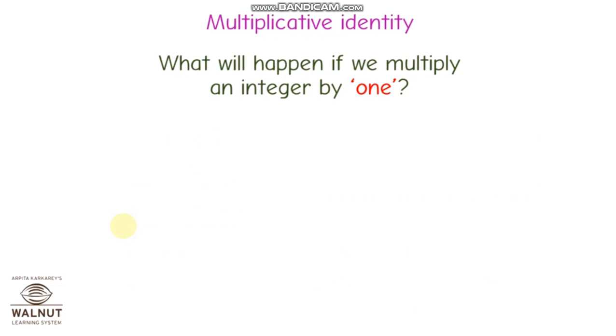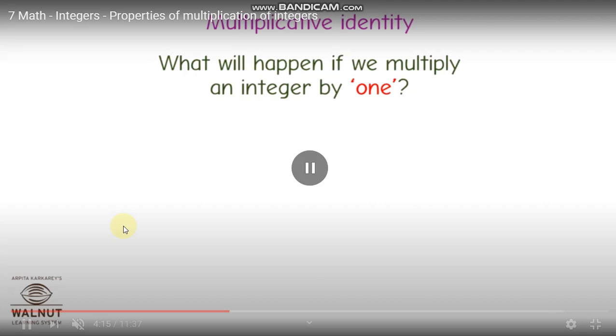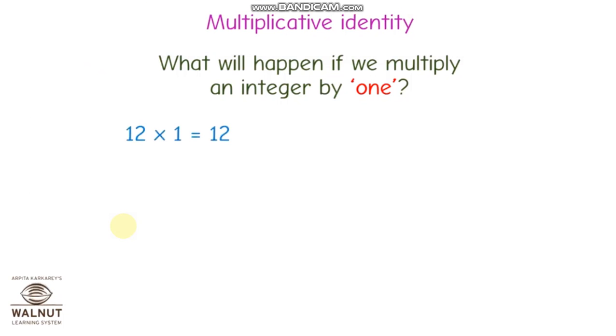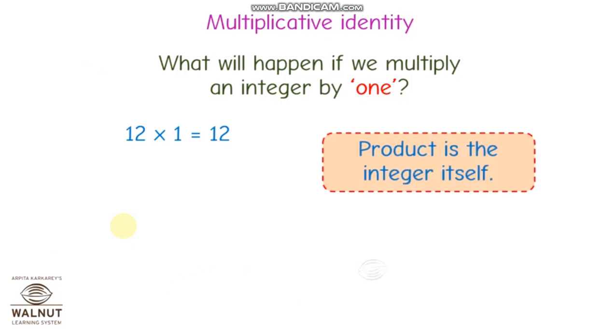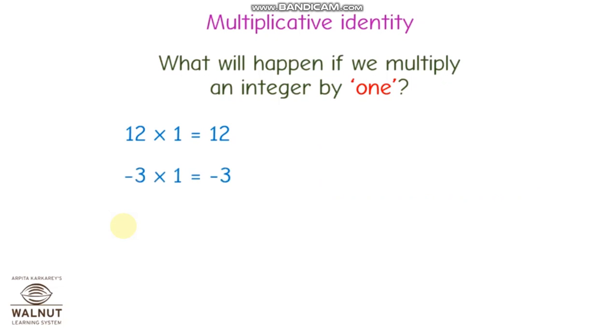What happens when we multiply with 1? When we multiply with 0, the product is always 0, we know that now. Then what happens if an integer is multiplied by 1? For example, 12 into 1 is equal to 12. The product is the integer itself. Minus 3 into 1 is minus 3.